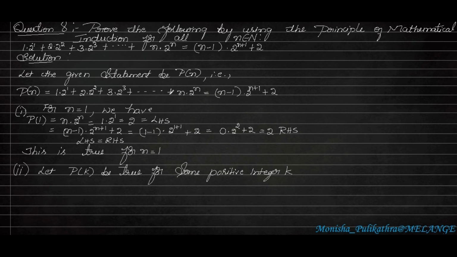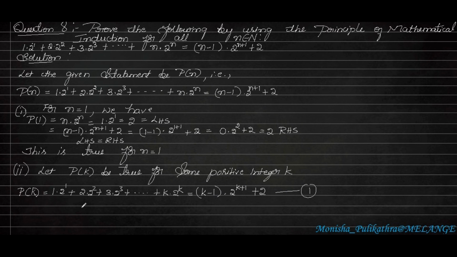The P of n equation will become P of k is equal to 1 into 2 to the power of 1 plus 2 into 2 to the power of 2 plus 3 into 2 to the power of 3 plus and so on up to k into 2 to the power of k is equal to k minus 1 into 2 to the power of k plus 1 plus 2. Let us take this as equation 1.